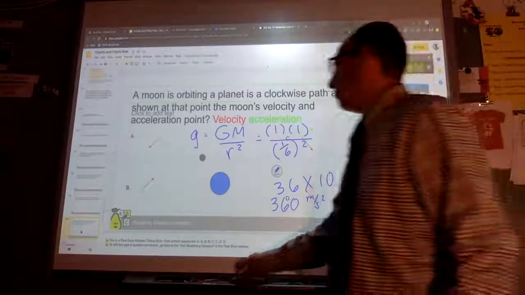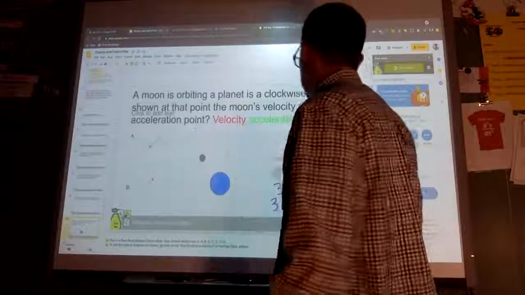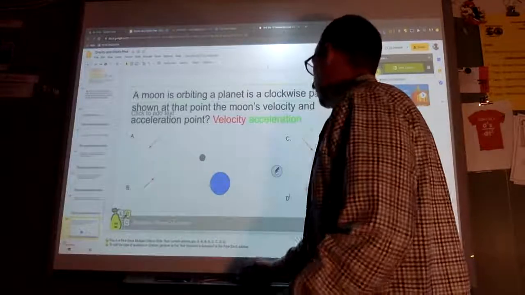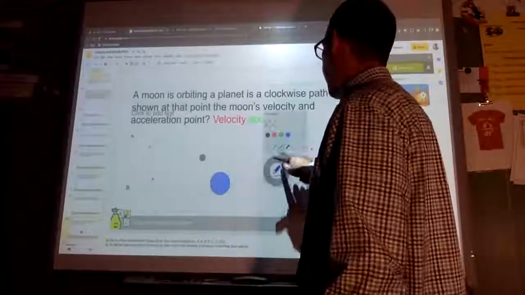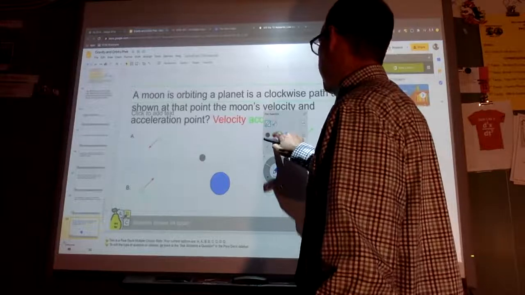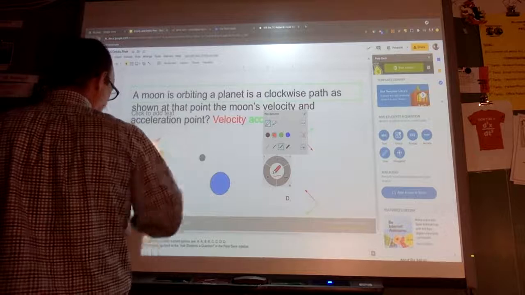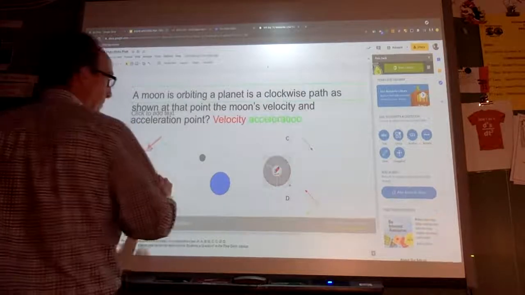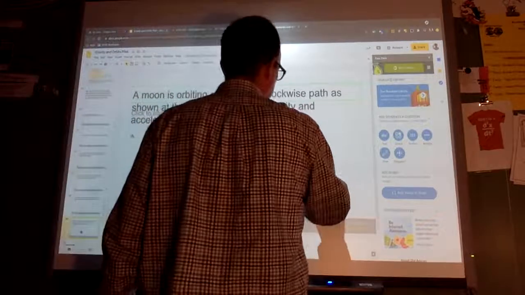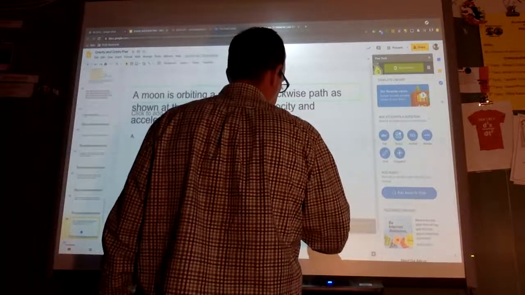I don't know if we can see these arrows. I might have to draw them in. That's okay, I can do that. So I have a moon going around a planet. Draw in my velocities and my accelerations so we can see them.